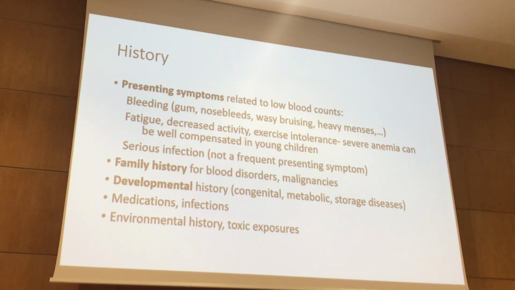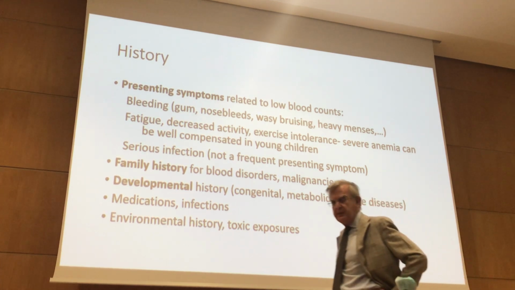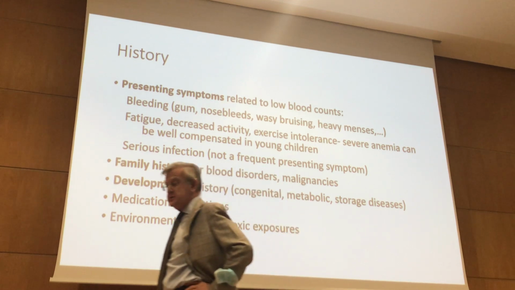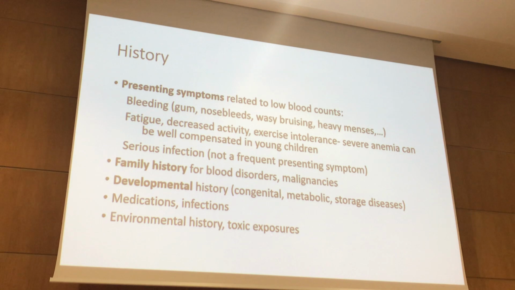If neutrophils are affected, there will be serious infections. Also, you should ask for a very detailed family history for similar blood disorders, because you may have to differentiate between leukemias or other hematopoietic problems, or even other systemic disorders such as SLE.